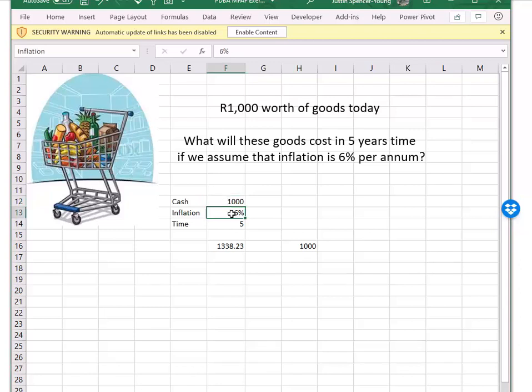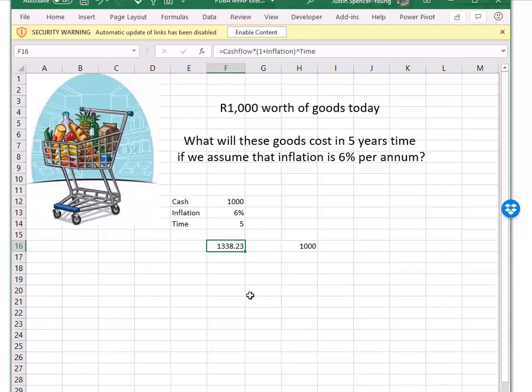We're assuming that inflation is 6%, and we want to know what will these goods cost us in 5 years' time. So I've simply just put these components into my formula. If you look at my formula components, the 1,000 rand is the cash flow, the 6% is the inflation, and 5 years is the power of time. And if you do that calculation, you get 1,338 rand and 23 cents.